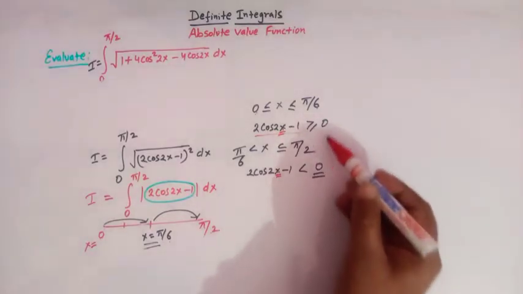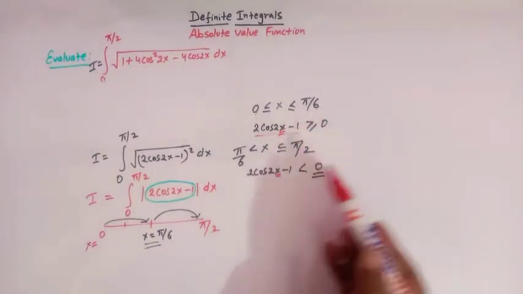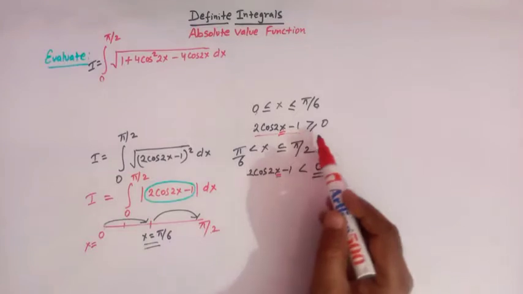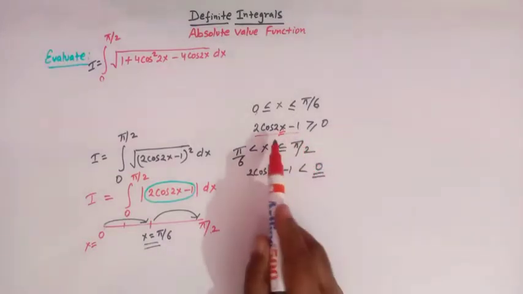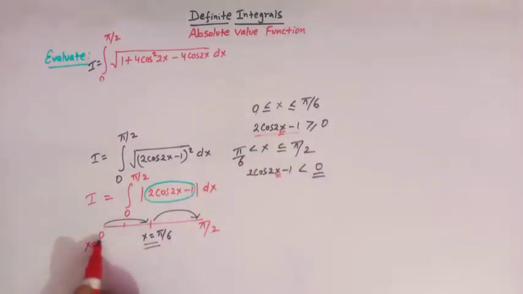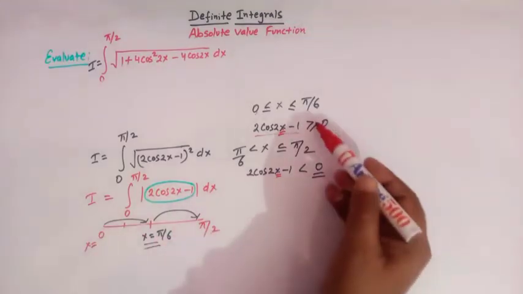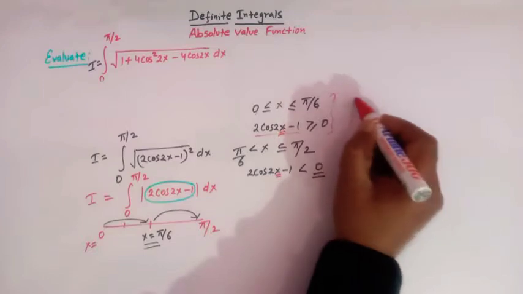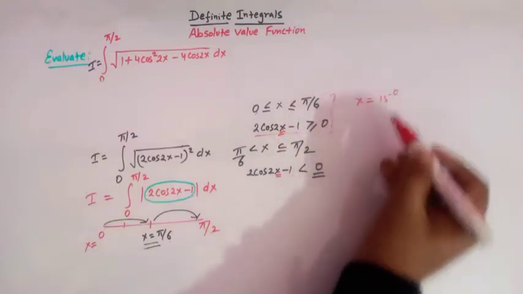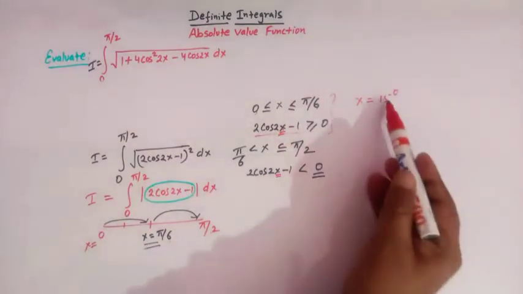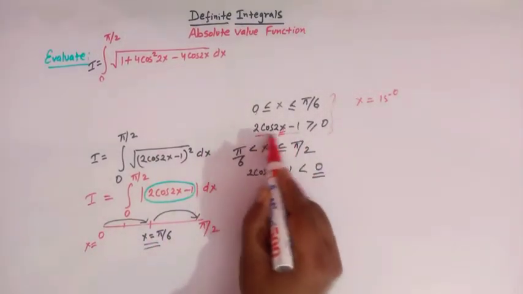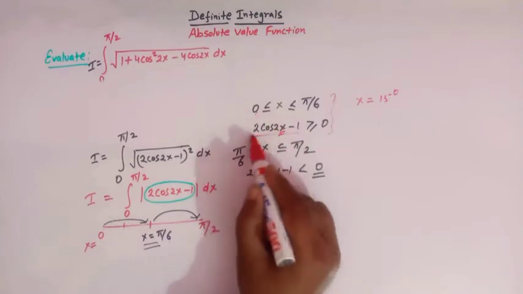We can also verify these two results, and this is a simple exercise in trigonometry, but just for the sake of understanding, let us take a particular value of x between these two intervals, right? So here let us take x is equal to 15 degrees, because 15 degrees lies between 0 and pi by 6, and let us decide the sign of this quantity.